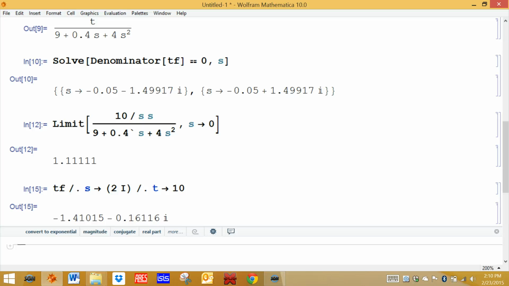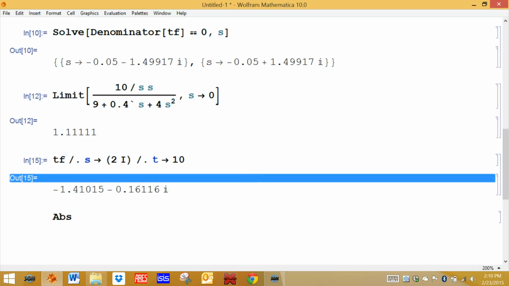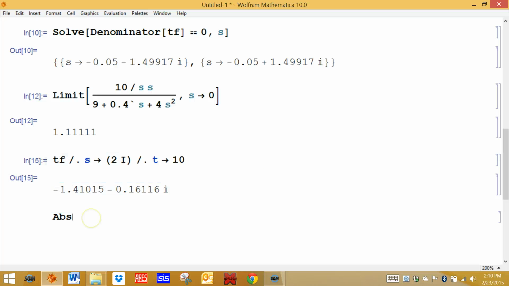Okay, so we want the amplitude, so that's the absolute value. Let's name it something. We'll say this is what it is at 2 radians per second.